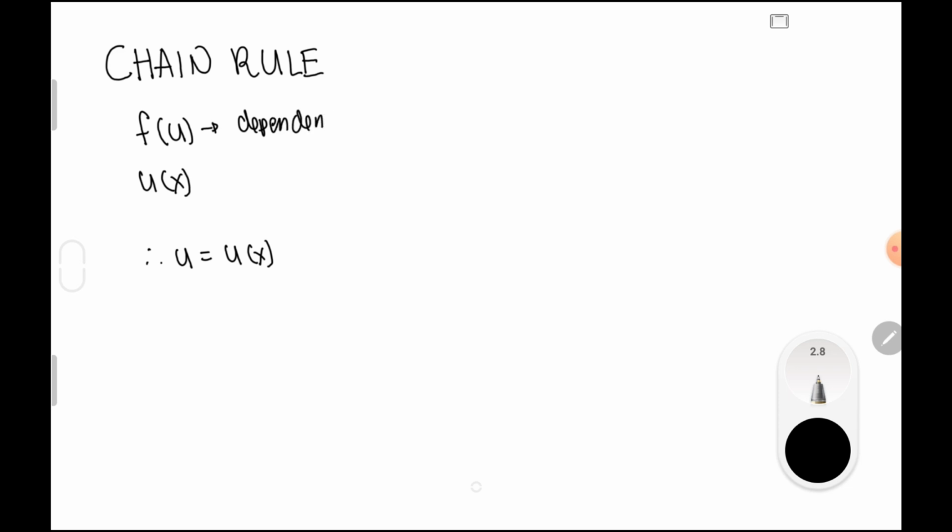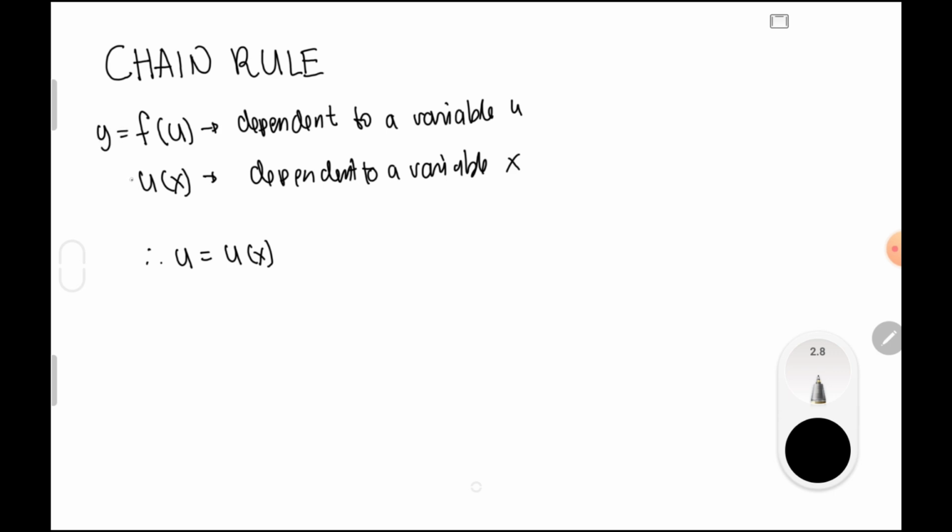And f of u is dependent on a variable u, and u of x is dependent on a variable x, where let's say your f of u is equal to y and your u of x is equal to u, which was stated here.